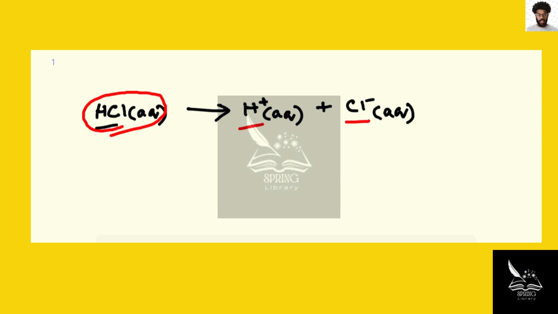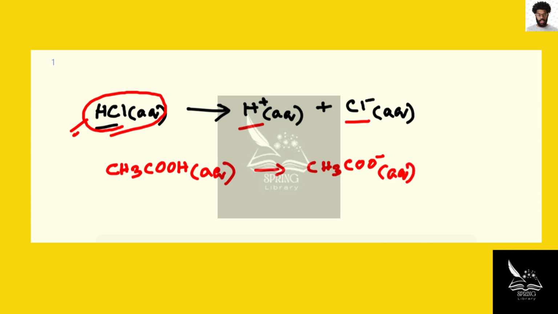But there are some substances that are not strong electrolytes, in which case the total substance will not be dissociated into its ions. For example, if we take into consideration acetic acid, which is CH3COOH, acetic acid in aqueous condition will be dissociated as CH3COO minus aqueous and H plus.